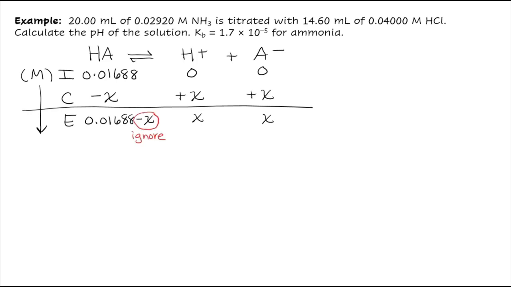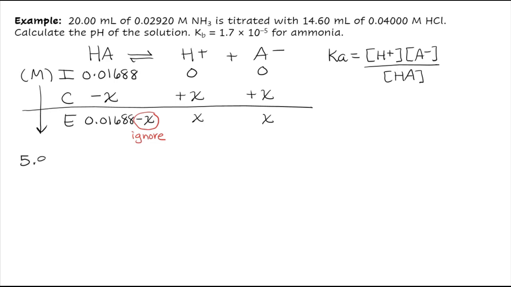Our mass action expression is for Ka. Ka equals H plus times A minus divided by HA. So we can plug in the values, rearrange, and solve for X. We calculated Ka a little bit ago.